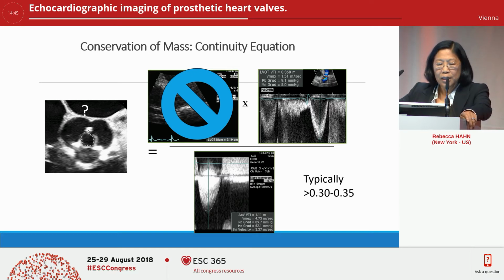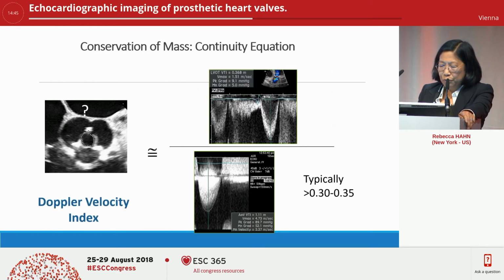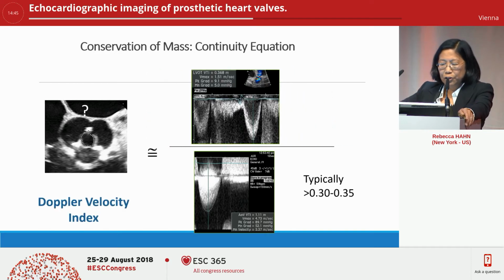Outer to outer is the diameter you use in the formula, and your PW velocity sample volume should be just ventricular to the stent itself. So you want to be slightly in the ventricle. And then if you're unsure about your diameter, just look at the Doppler velocity index.